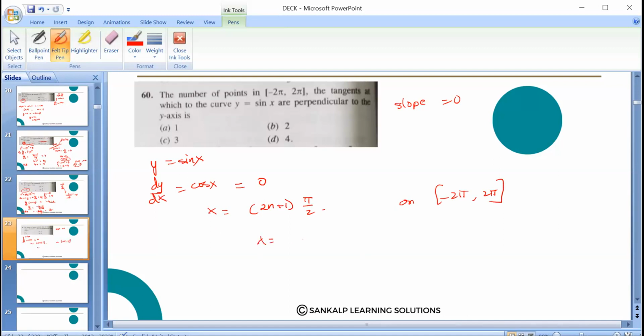So x can be taken as minus 3 pi by 2, minus pi by 2, pi by 2, and 3 pi by 2. So 4 points are there. Option D.